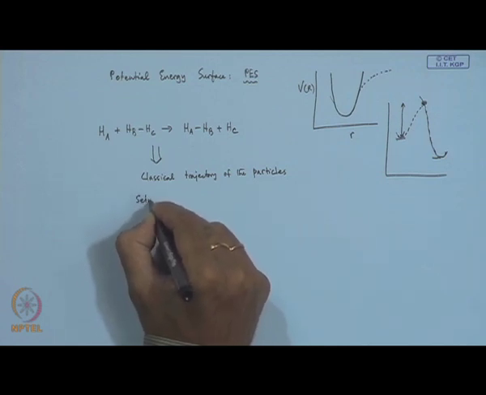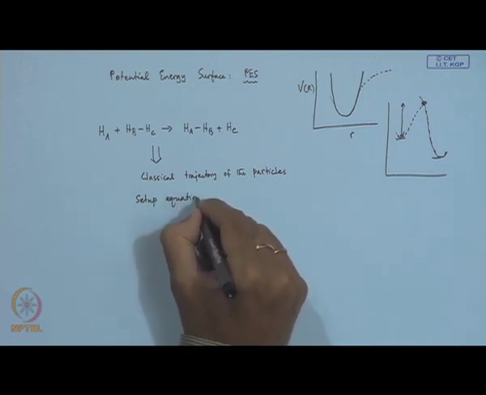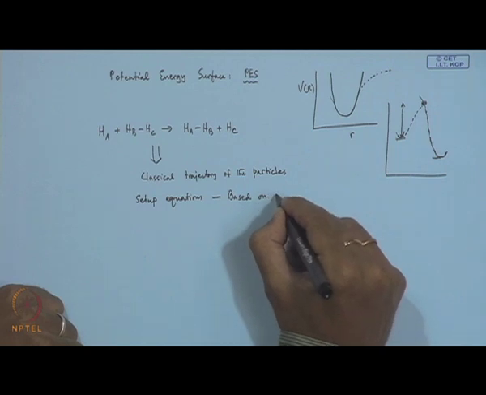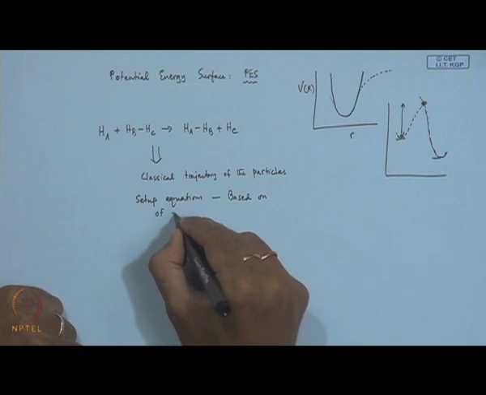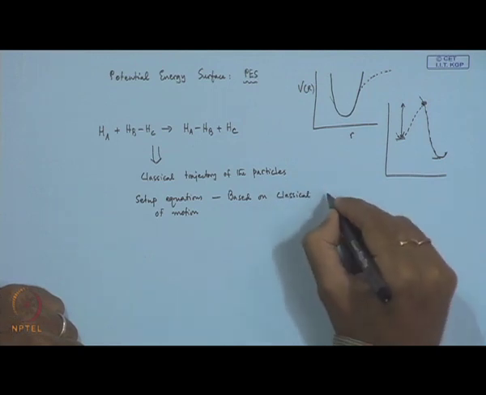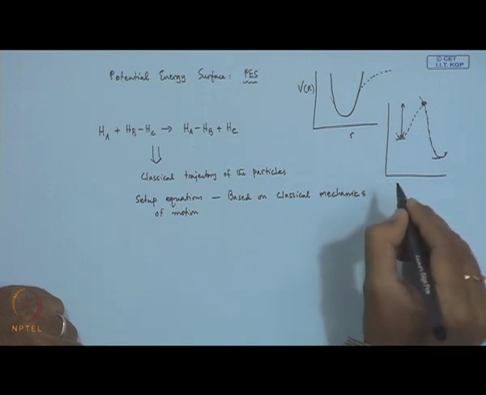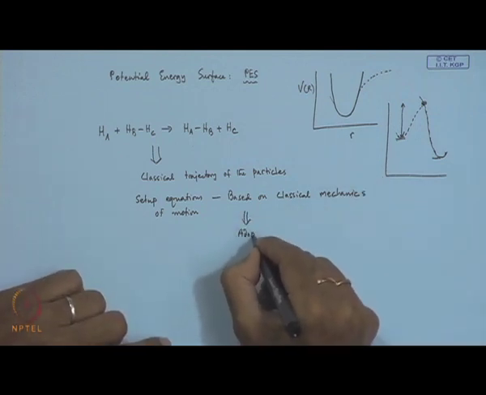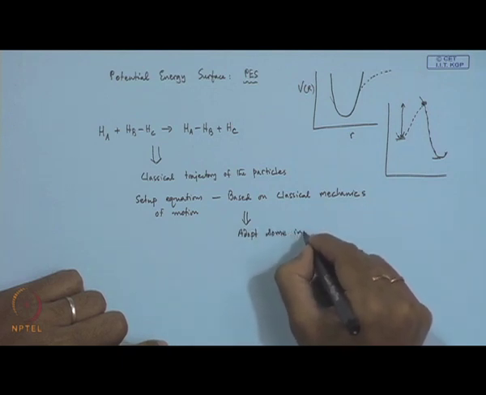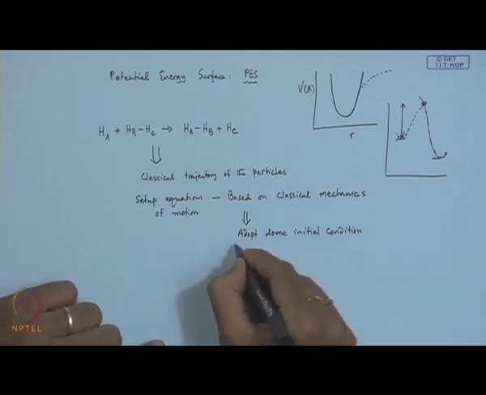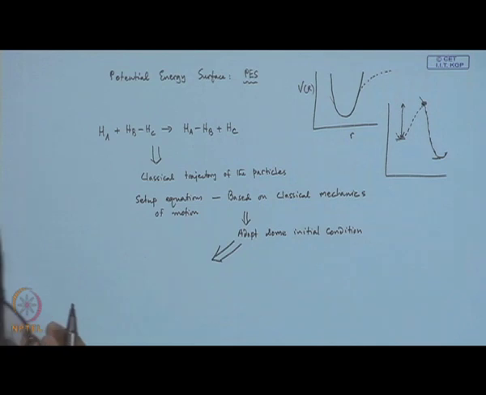So set up equations based on classical laws, a classical set of equations of motion of various particles based on classical mechanics, and adapt some initial condition, which gives rise to the trajectory of these particles during the course of the reaction.